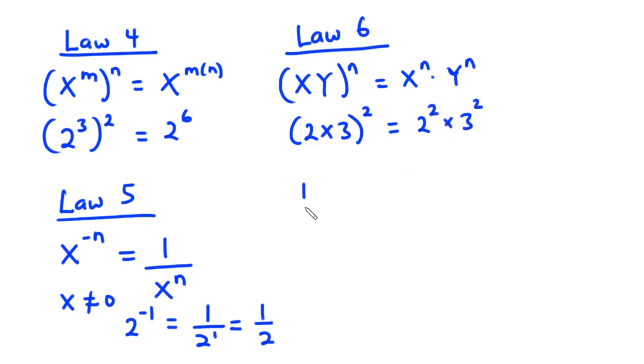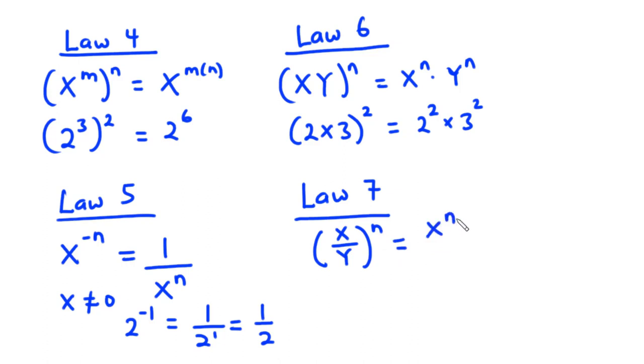Now let's move on and talk about the 7th law. Now, let's say you have x over y, all exponents n. Now this is equal to x exponent n divided by y exponent n, where y is not equal to 0.